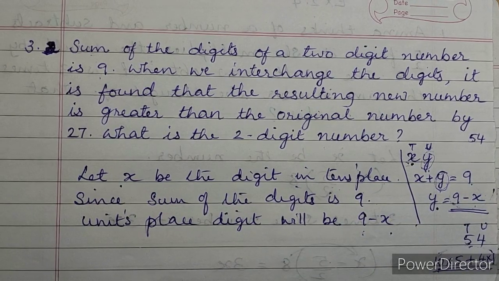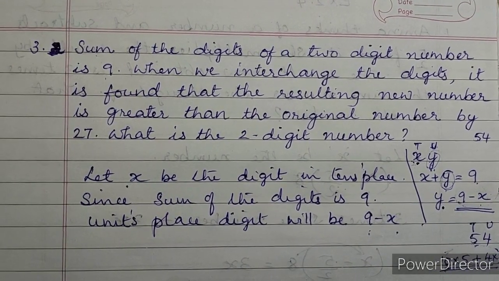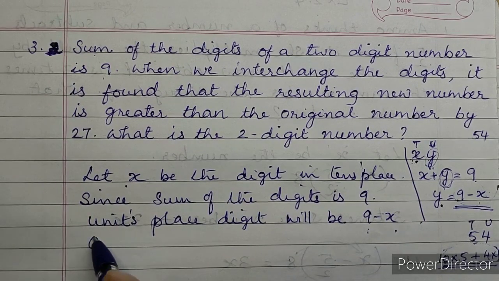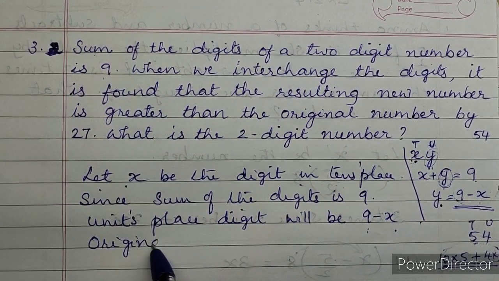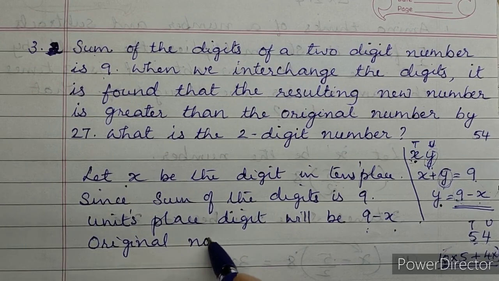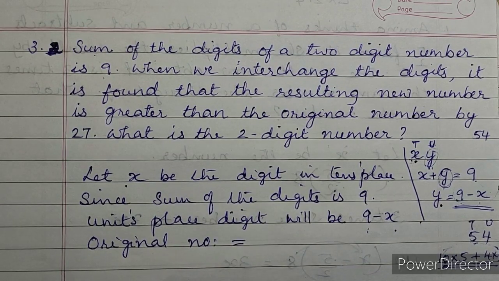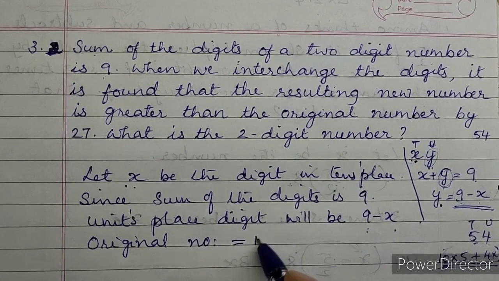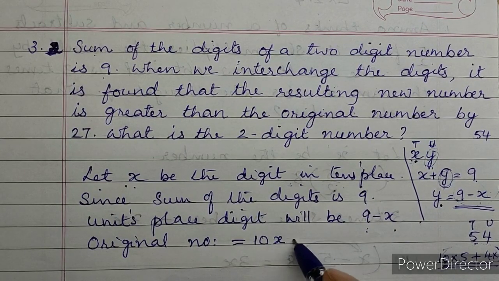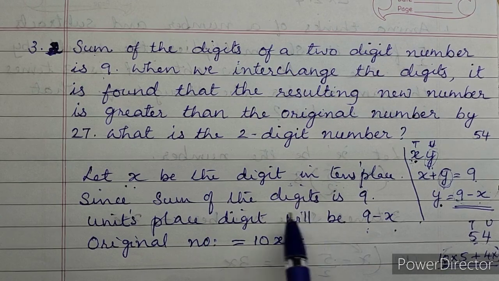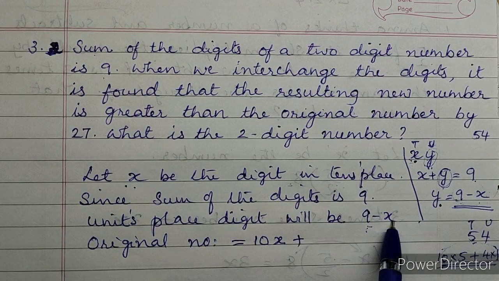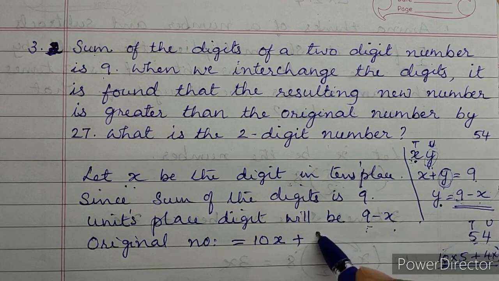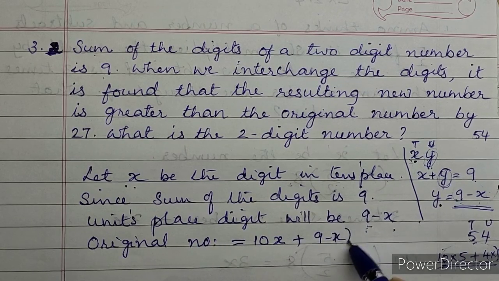Here also the same method you have to follow. Original number you have to write here. So what is the original number? Equals, in expanded form you should write. X is in tens place. So 10 into x plus 9 minus x in units place. So into 9 minus x into 1.